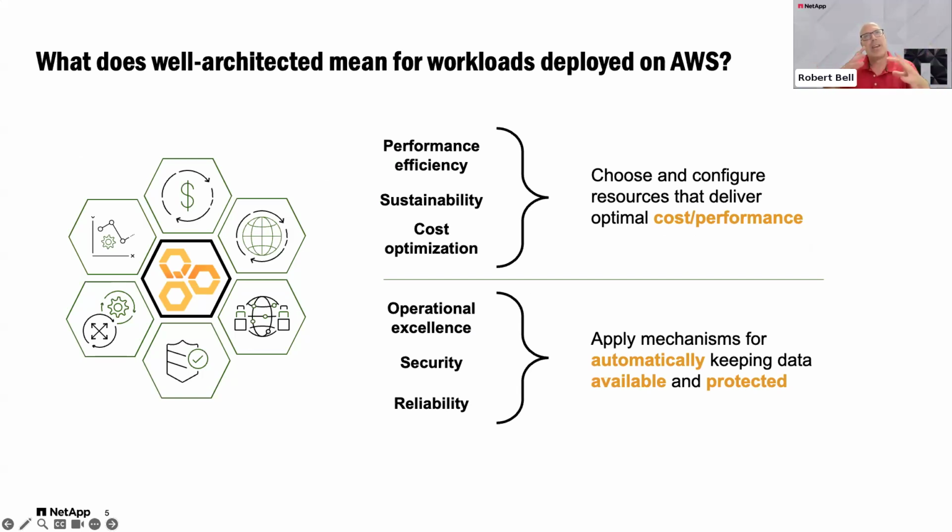That's really, if I put all of these thousands of different best practices into a very simple nutshell, it would be optimizing cost performance by choosing the right resources, but also applying the mechanisms for automatically keeping these resources available and protected. So these are two areas that I think most of the recommendations or best practices focus on.